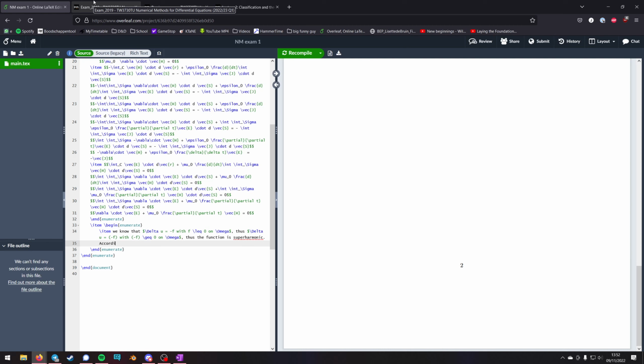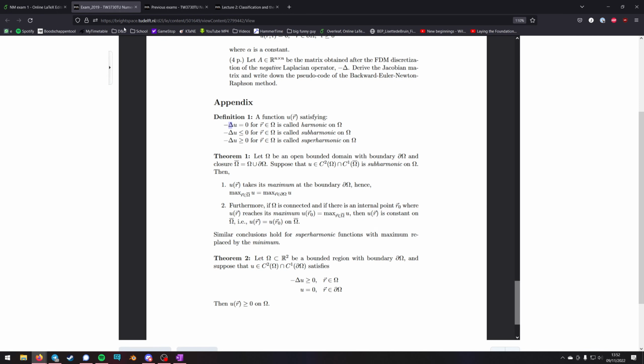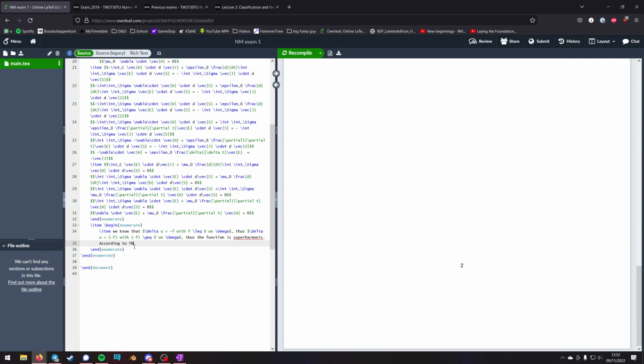According to the definition, or is it theorem 1? I think it's theorem 1. Yeah, theorem 1. According to theorem 1, this means that the boundaries contain the minimum values.